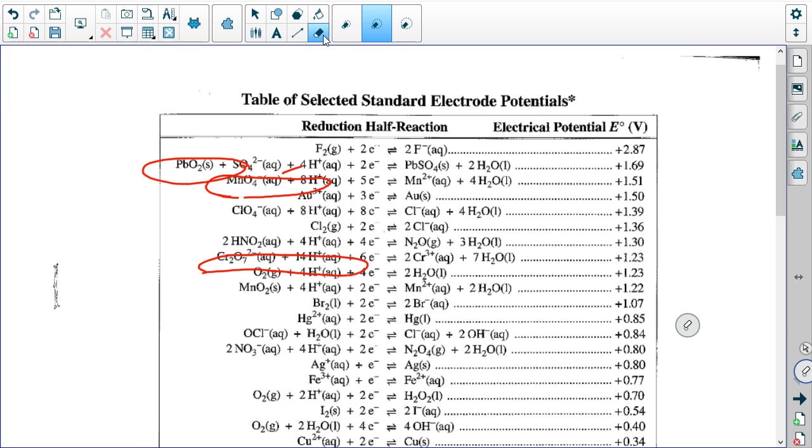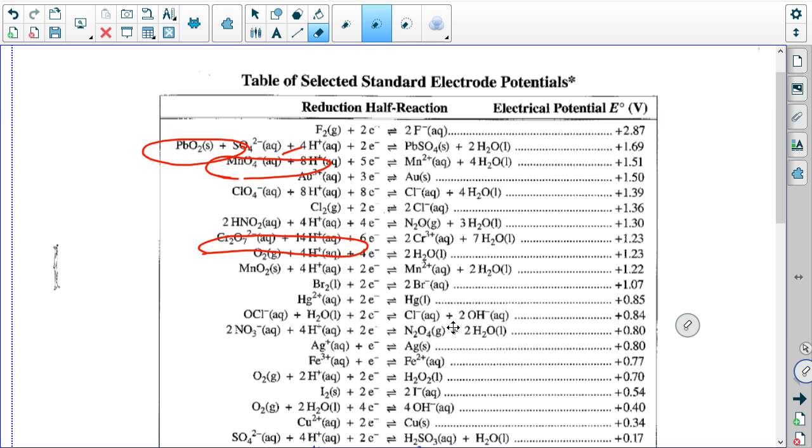If I have those two and I put them in water and they have everything present, the dichromate and the hydrogen ion, that's your OA, and water is right below it. What you have is an immediate spontaneous reaction of the acidified dichromate reacting with water.